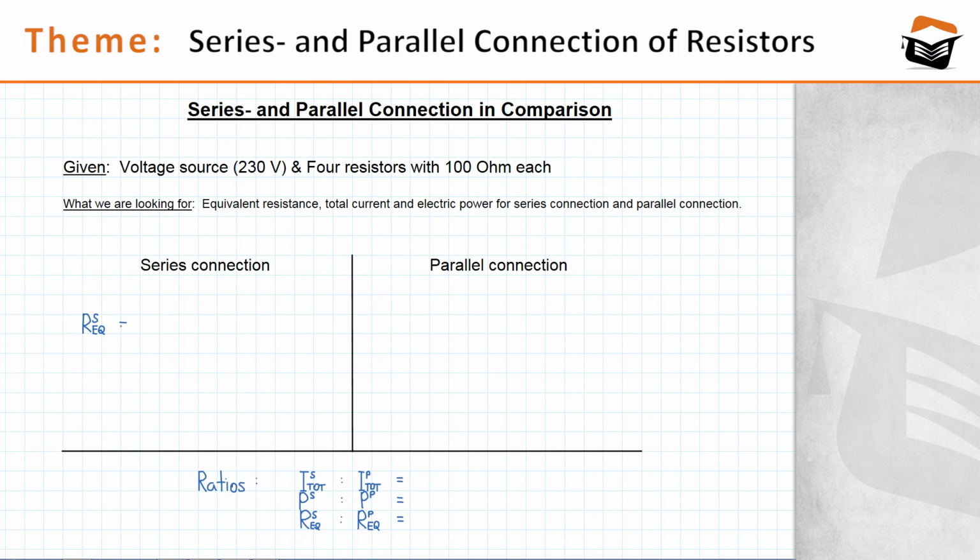And for a series connection, the equivalent resistance can be computed by simply adding up the resistances of each resistor.